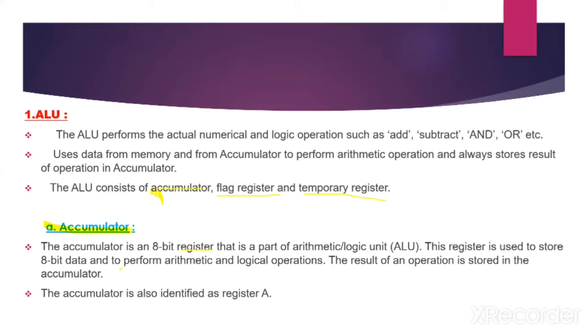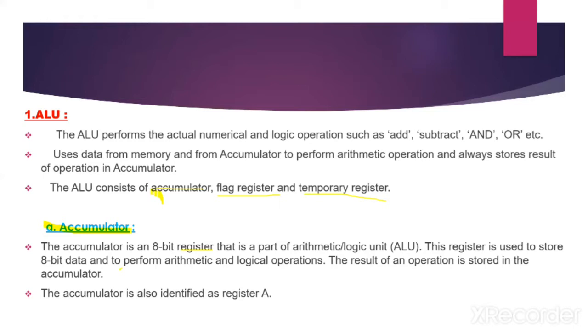It can be used as both primary source and destination register. Means one operand is stored, so it works as source, and result is always stored in accumulator, so it's also a destination register. The final result of operation is also stored in accumulator.